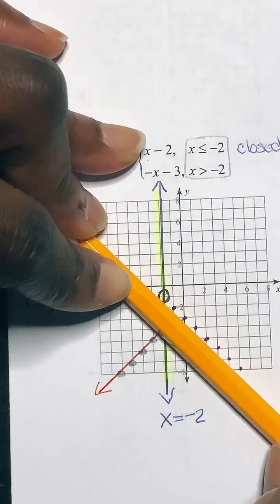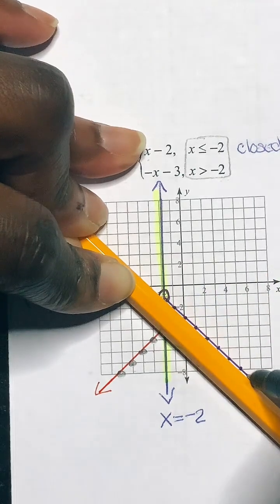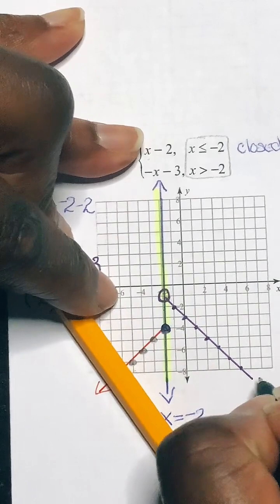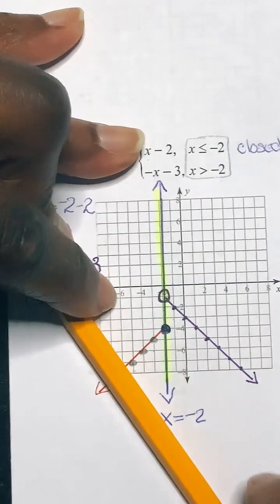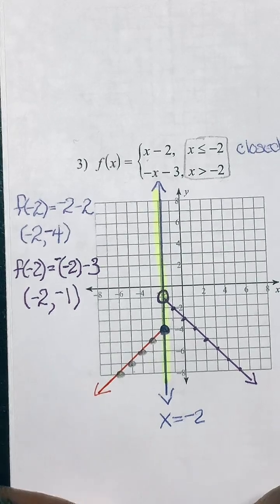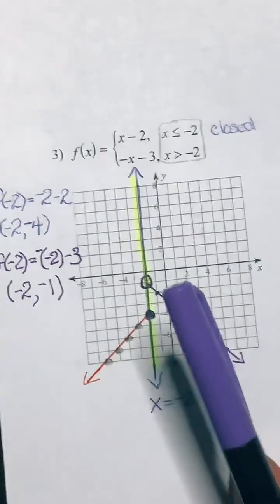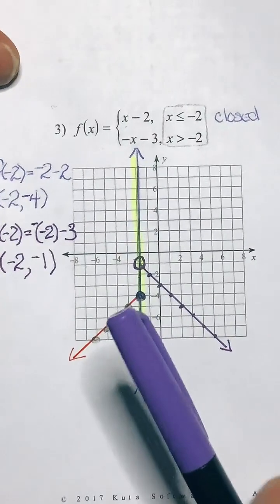And for all my calculus people, you're like, is this a limit? Does the limit exist at -2? I know he's probably like, yes, she said limit.